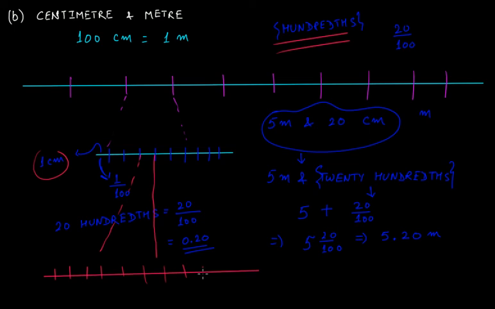So when it was divided in 10 parts, it was representing tenths. Then when you divided each part further into 10 parts, it was representing hundredths. And now when you further divide even this hundredths portion into 10 equal parts, that will be what? Thousandths.